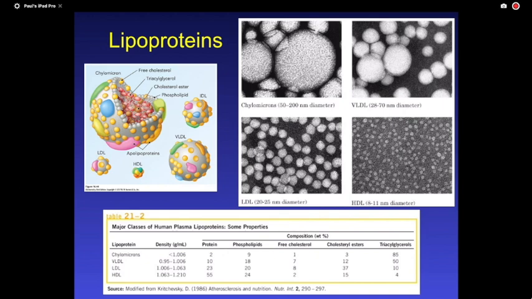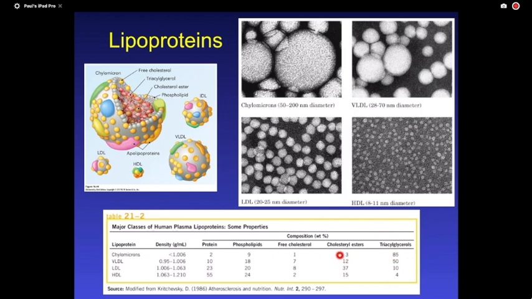If you take a look at that, we can look at the densities themselves and we can see that we've got different density values. Okay, but what's really important are the percentages. Protein, phospholipids, this is then the membrane that's surrounding, and what's inside usually are free cholesterols, cholesterol esters, and fats.